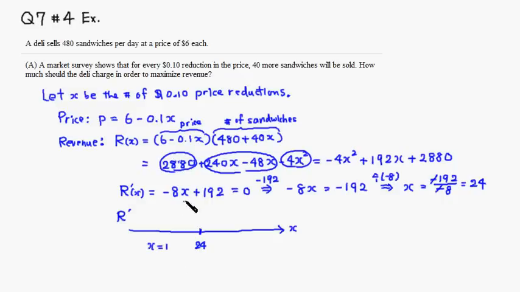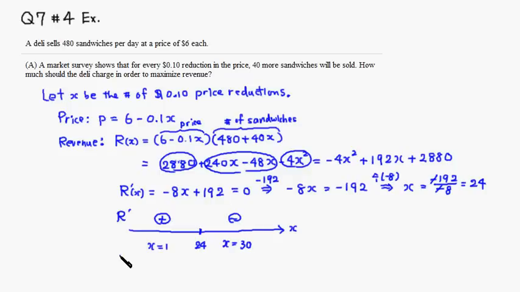If you plug in 1 here, you have negative 8 times 1 plus 192, which is definitely positive. On this interval you have a positive derivative. And for anything bigger than 24, I'll try 30. If you plug in 30, negative 8 times 30 is negative 240, plus 192 is definitely negative, so you have a negative here.